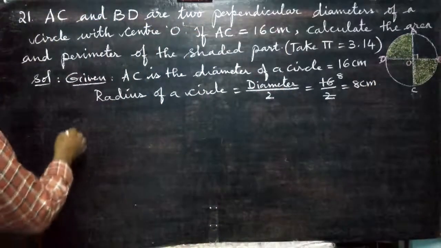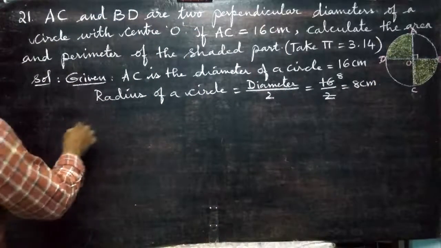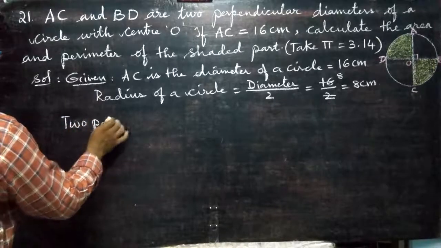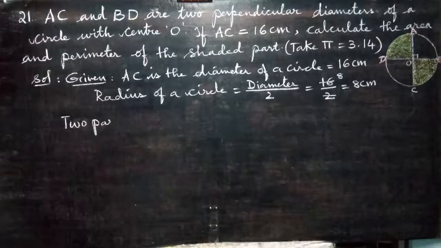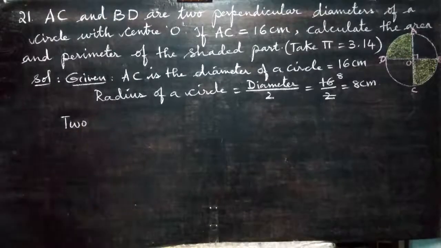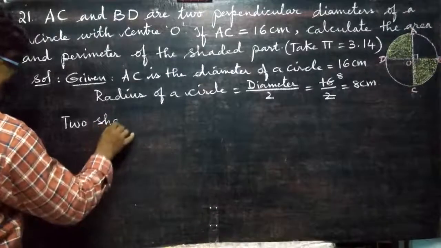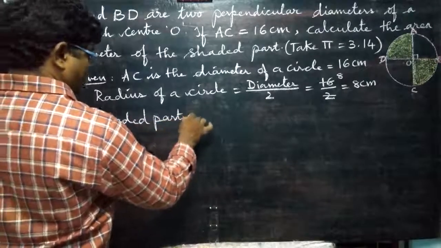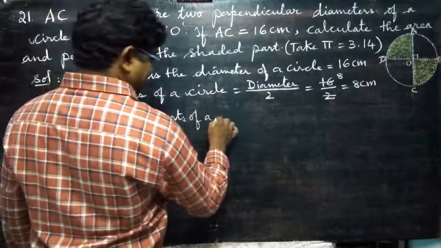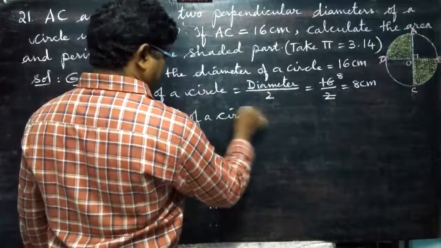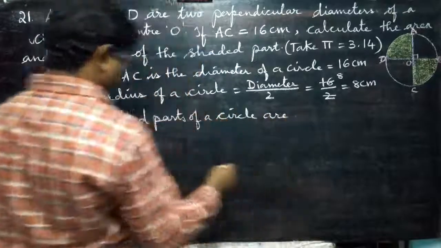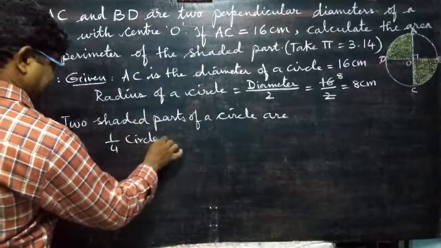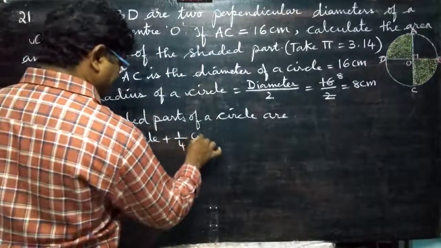Now, the two shaded parts of a circle are 1/4 of a circle plus again 1/4 of a circle.